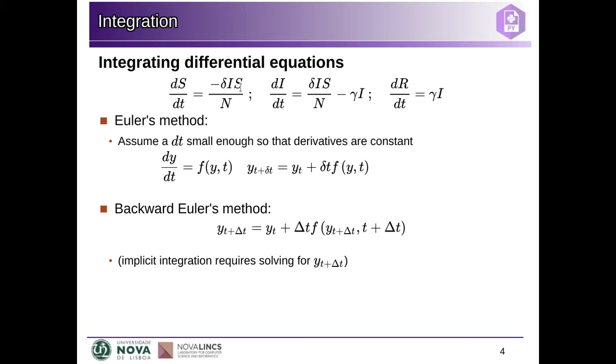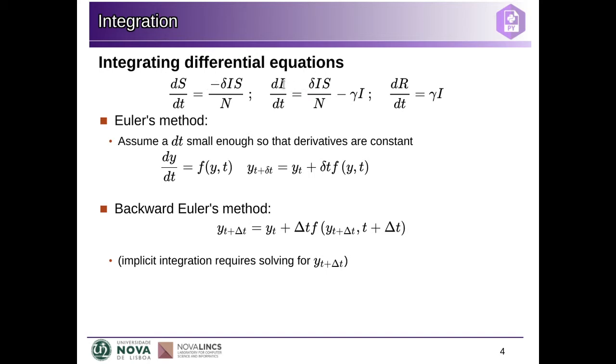The more there are, the more can be infected, and the proportion of infected people multiplied by that delta. And this has a minus sign because when susceptible people get infected, they stop being susceptible. So we reduce the S compartment and we increase the I compartment.